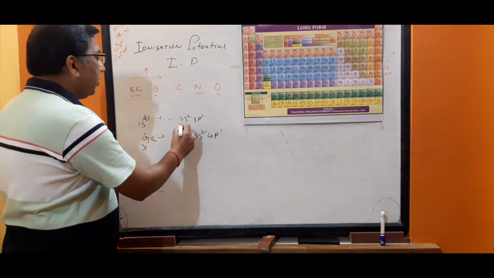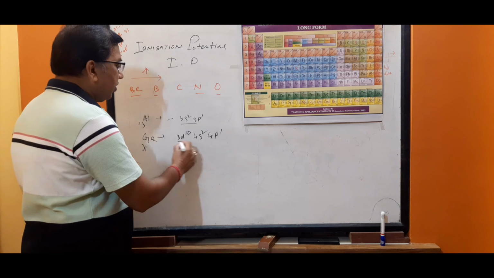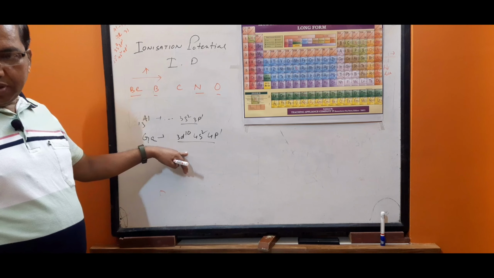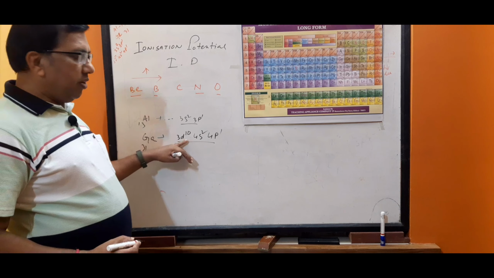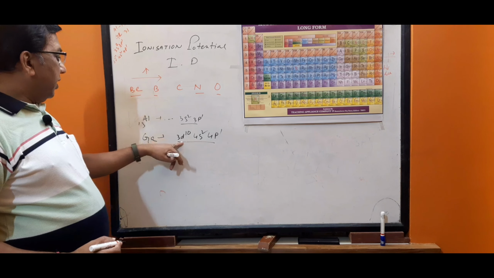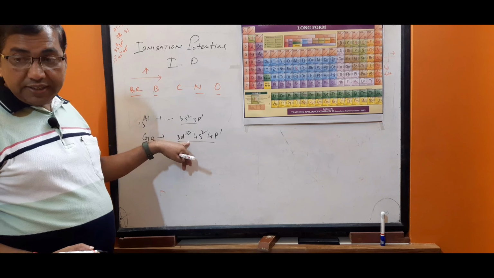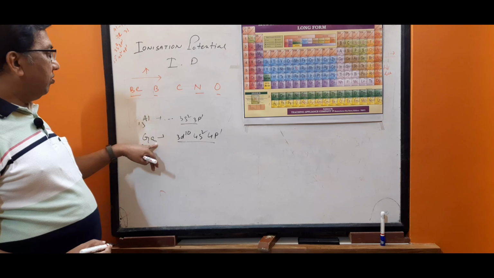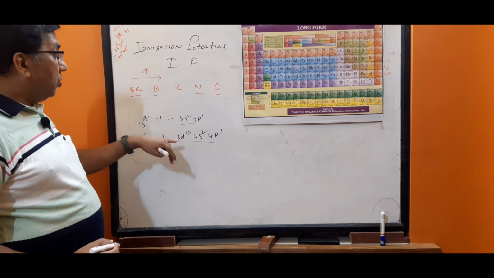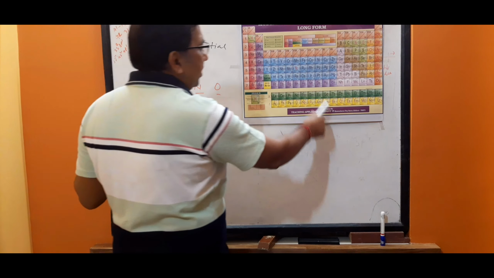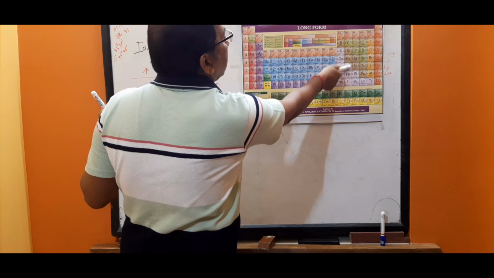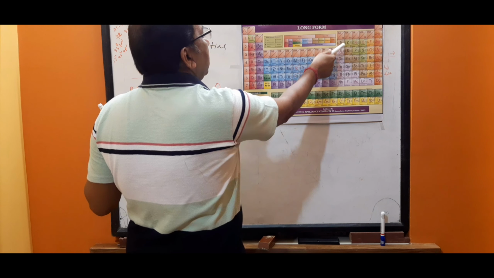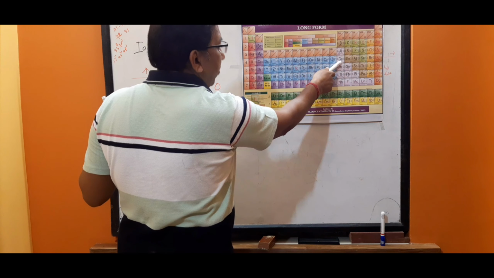So what do you see here? This is the explanation I have to give. The 3d10 is completely filled, and in this case the shielding effect is less. Shielding effect is less in aluminum and gallium. Down the group it is normally decreasing, so aluminum would be greater and gallium lesser.